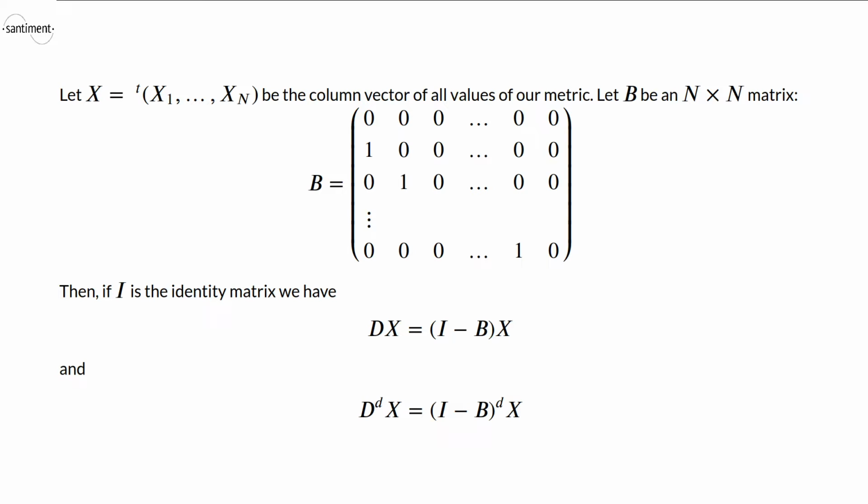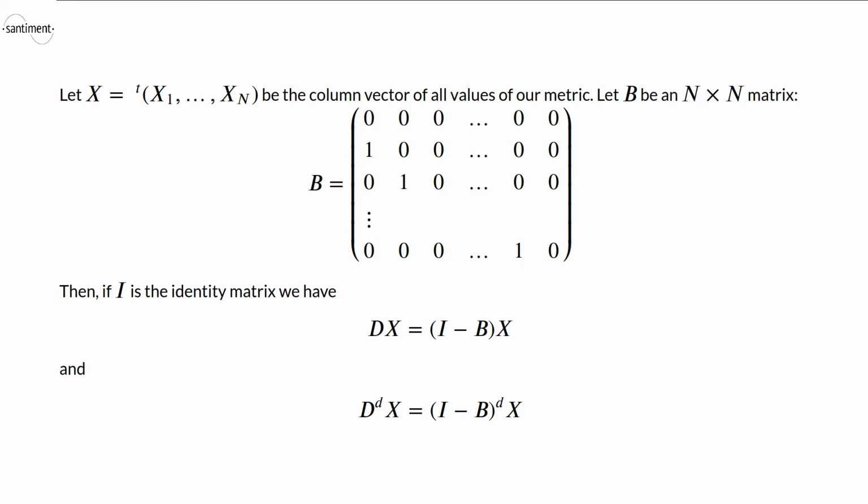So the differencing operator, I can express it as this formula. If I put I to be the identity matrix, then I minus B applied to this vector x will exactly give me the difference. So at the first place, I don't have a previous value, so I'll just retain x1.